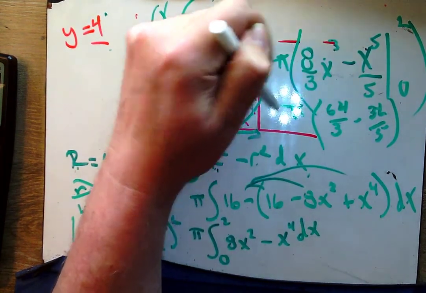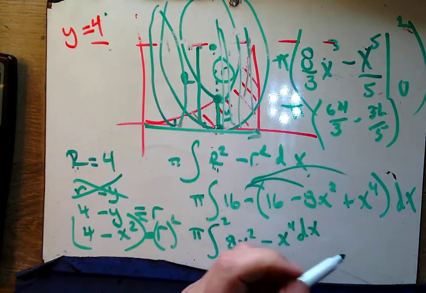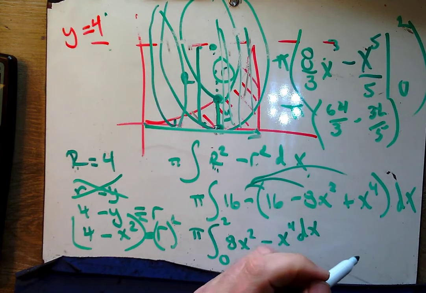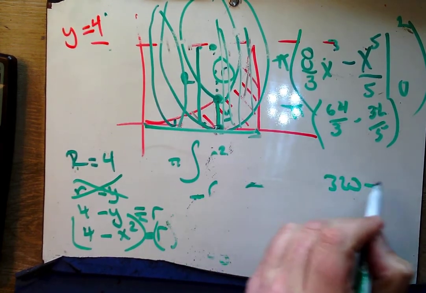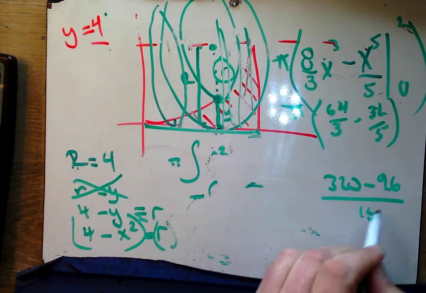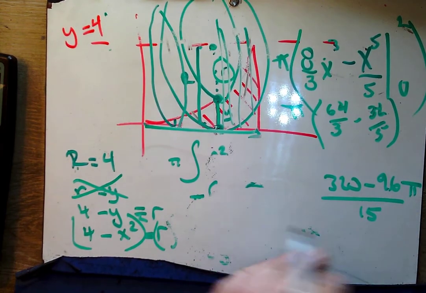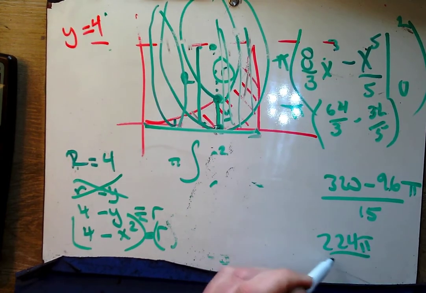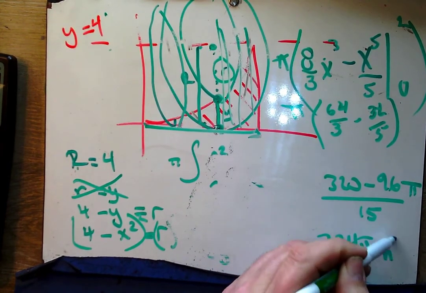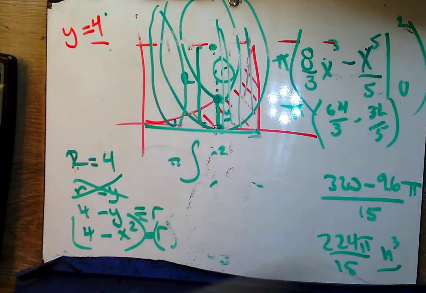And don't lose the pi. You could stop here. 320 minus 96 over 15 and the pi. I guess that's 224 pi over 15 units cubed.